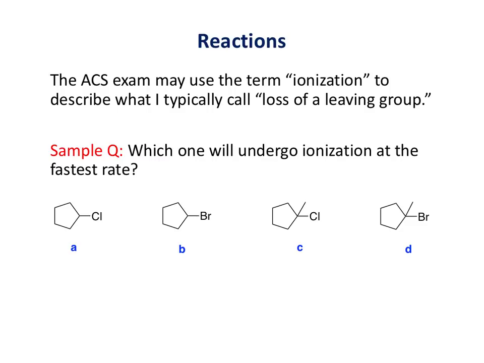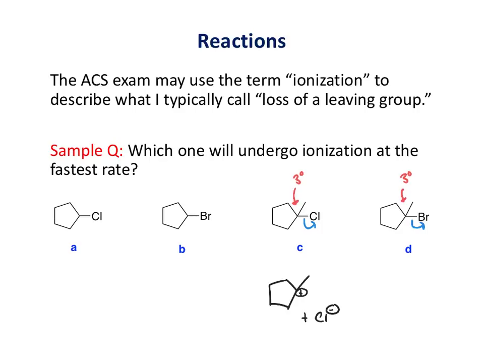We talked about something very similar earlier, but C and D are tertiary, and ionization, or loss of the leaving group, is basically just breaking that bond to give you the carbocation and the chloride anion.